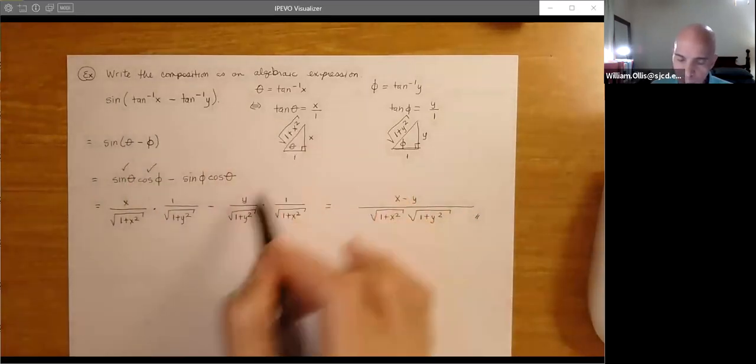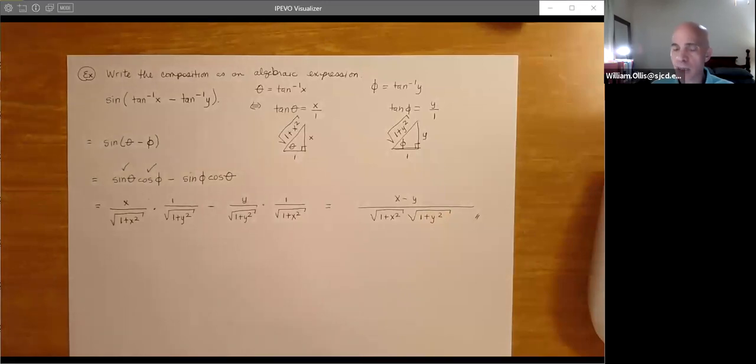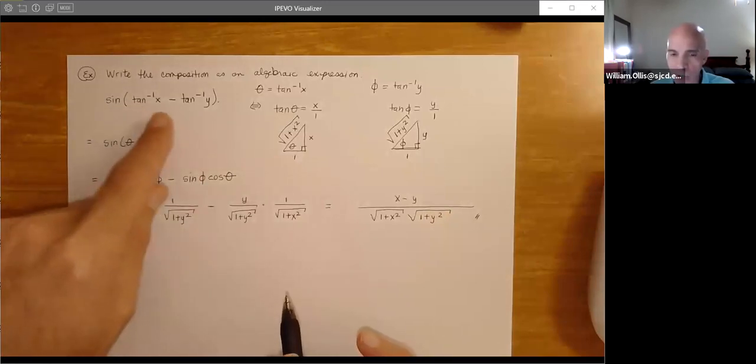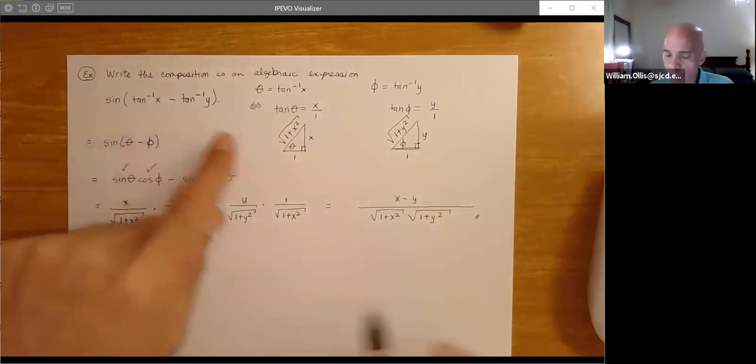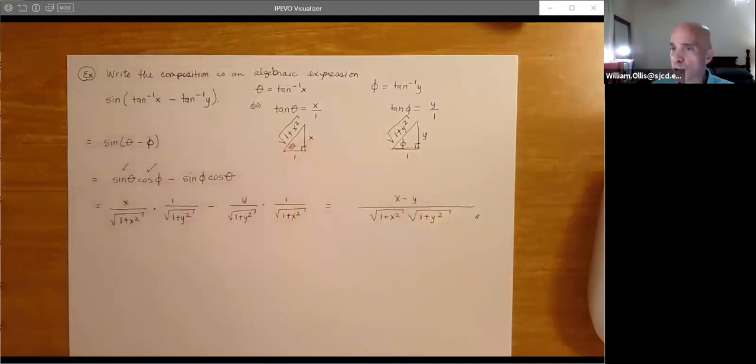And so you can apply this to any setup. We like the fact that the inverse trig functions being the inner functions opens the door to the triangle. And then of course, we might have a particular angle that's described in terms of a trig function, which will still allow you to draw a triangle. So the techniques will not change.